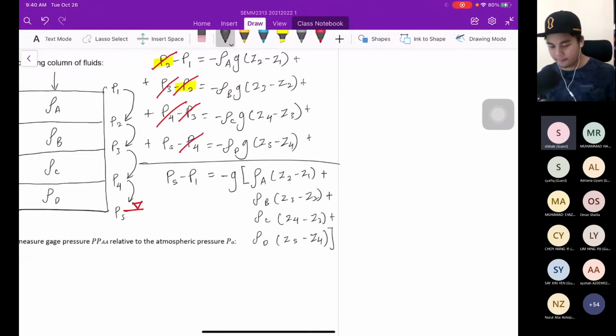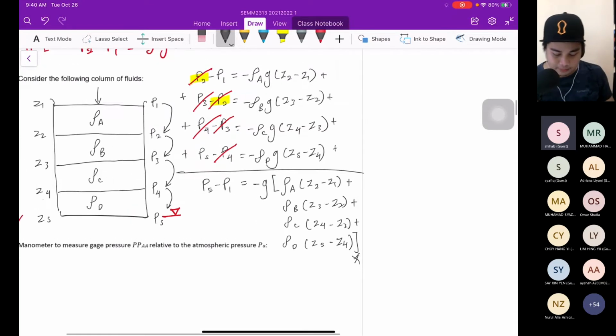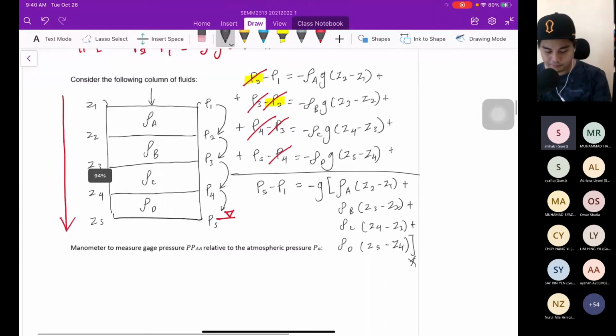Close bracket. So that is the equation of hydrostatic applied to the pressure at the column.